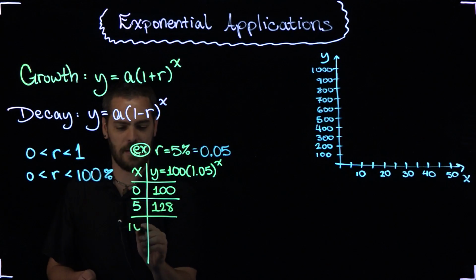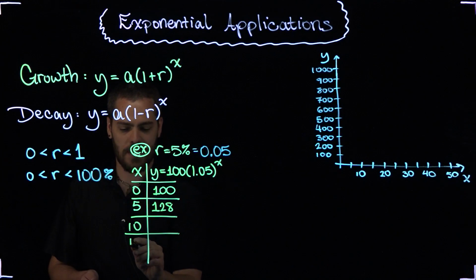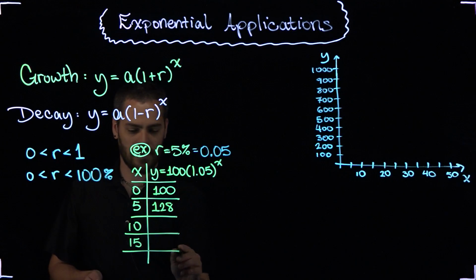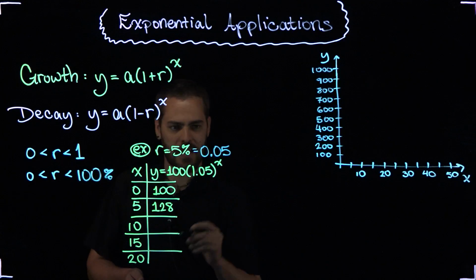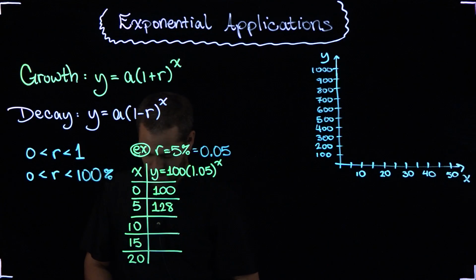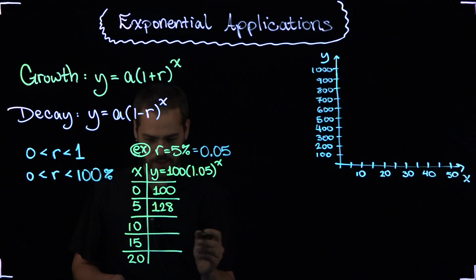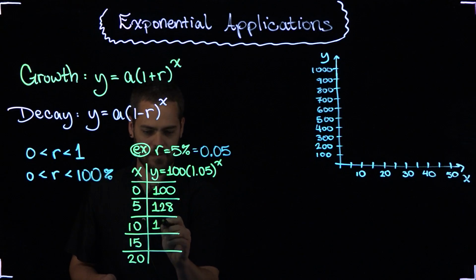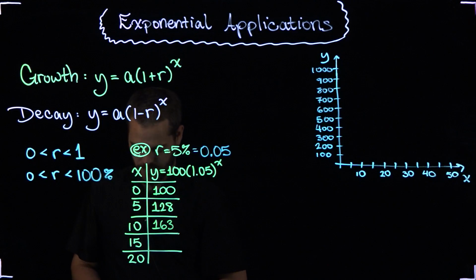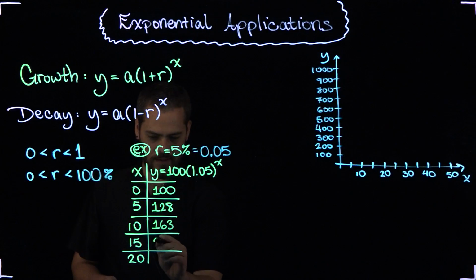Let's take a look at 10 years and maybe 15 years, 20 years, that might be enough. At 10 years, then I put an exponent of 10 in here, and I would be looking at about $163. After 15 years, this would give me about $208.